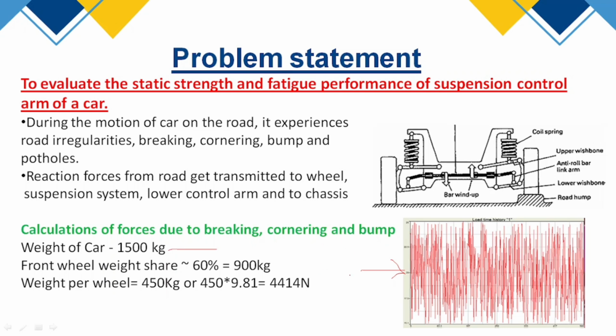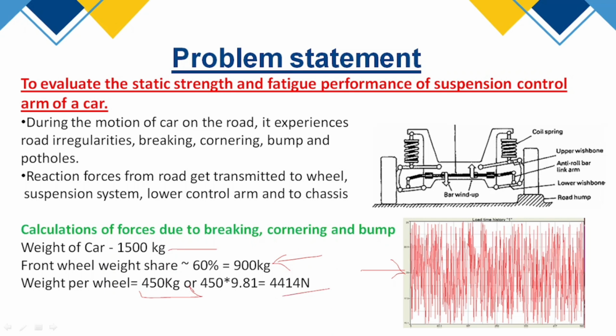So based on that, 900 kg of weight is on the front side. Since there are two wheels, per wheel there is 450 kg weight. So each wheel is carrying 450 kg, and if we account for gravity, then each wheel has 4414 newton of force due to gravity acting on it.